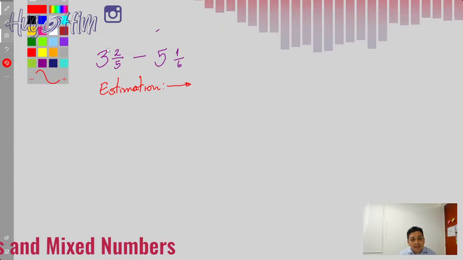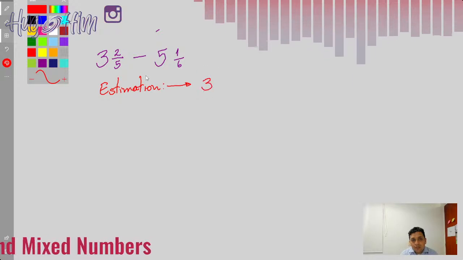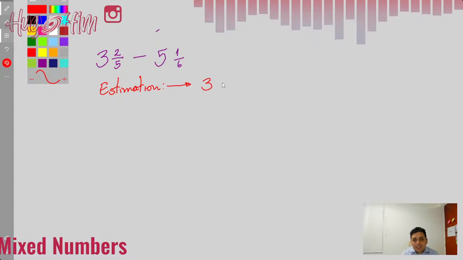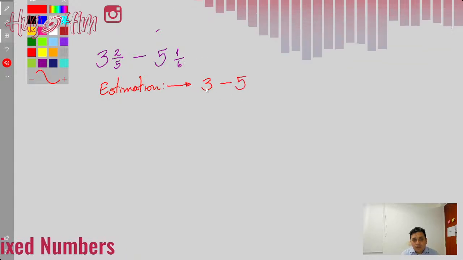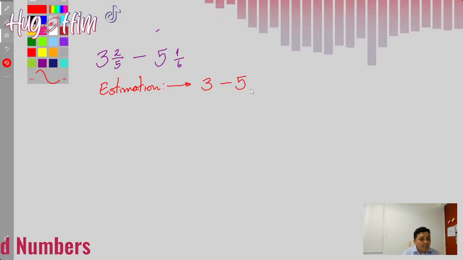So for example, if I estimate this number 3 and 2/5, it's closer to 3, and 5 and 1/6 is closer to 5. So this operation, if I estimate it, will be the same as 3 minus 5.